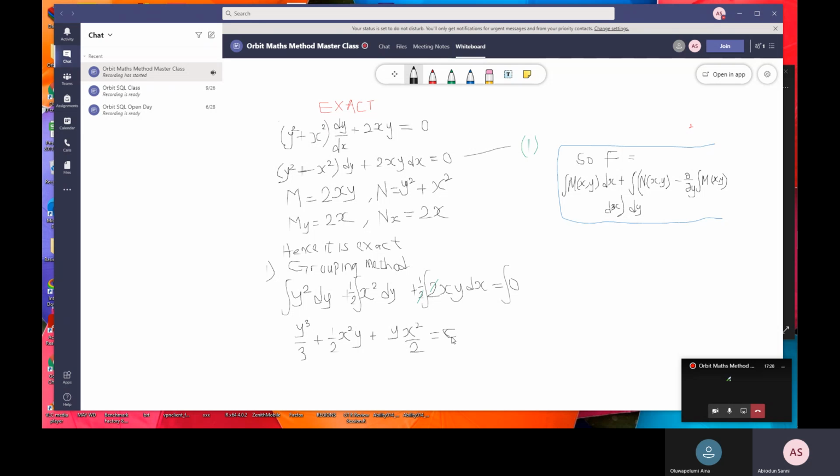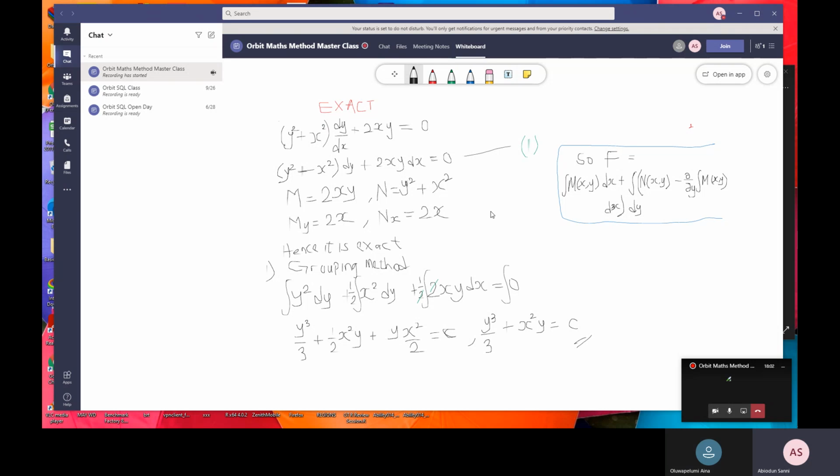By the time I simplify this, I have y cubed over 3 plus x squared y over 2 plus x squared y over 2. That will give me x squared y. So y cubed over 3 plus x squared y is equal to c. This gives me the solution to my problem. Do you understand? Okay.